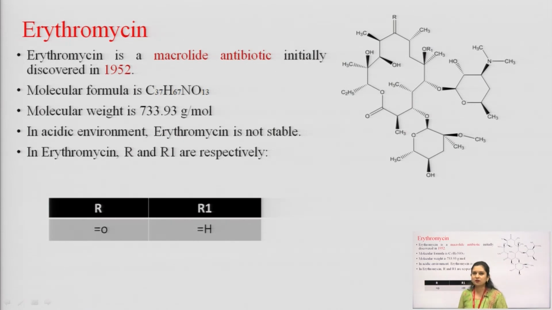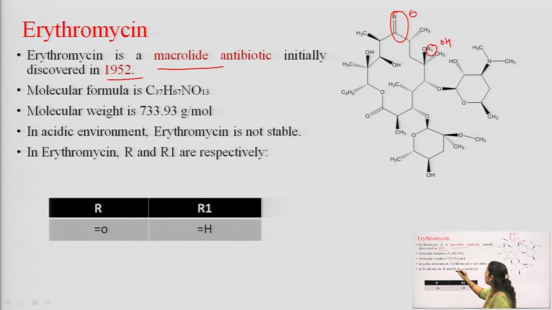First of all, we will discuss erythromycin. In erythromycin we find a ketone substitution at this position, and here we find the OH. Erythromycin is a naturally occurring macrolide which was discovered in 1952.